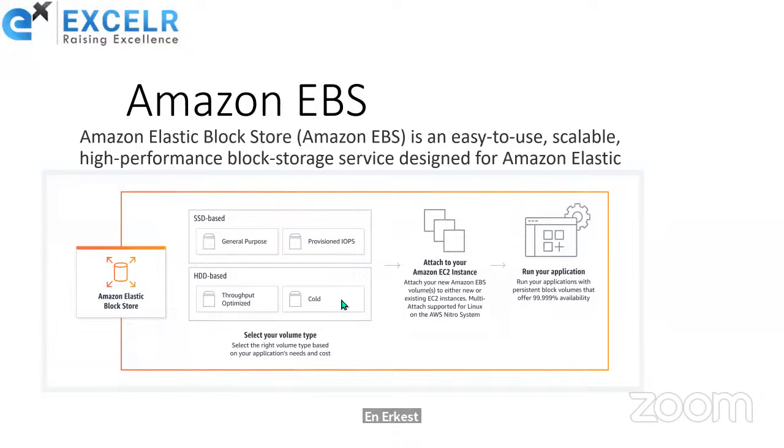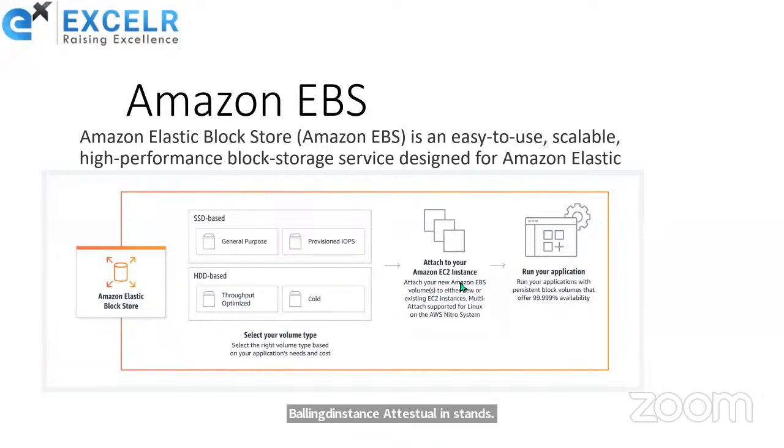Okay, so you launch a server and attach storage based on the requirement, say 30 GB storage, 50 GB storage, and additional storage whenever you're running the instance. What is attaching to an instance? Attach your new Amazon EBS volume to either new or existing EC2 instances. You can attach this storage to a newly launched server or an existing server. That kind of option is provided.